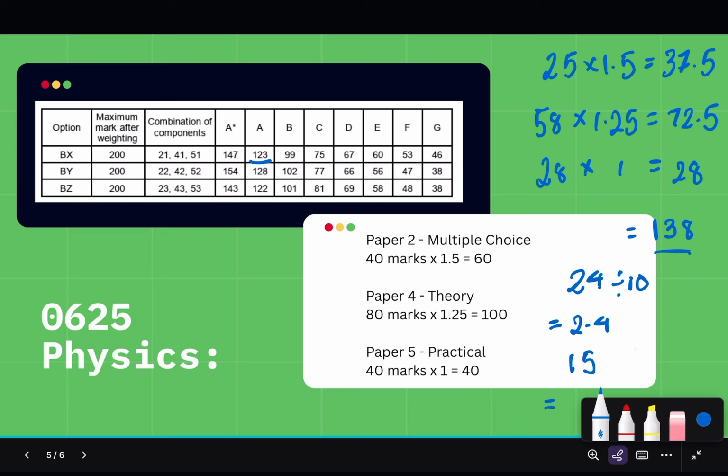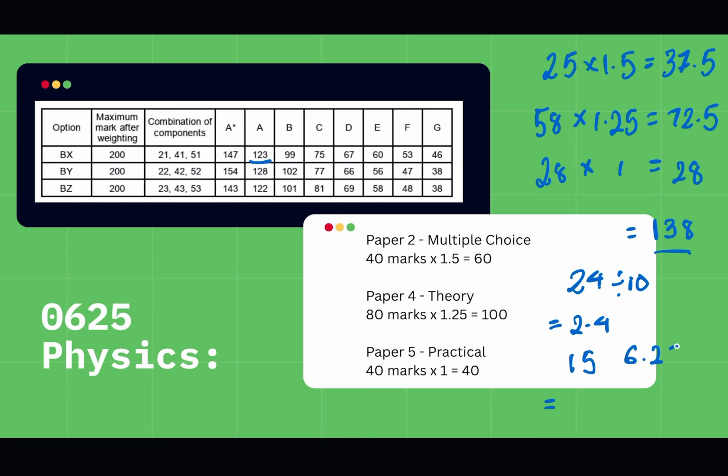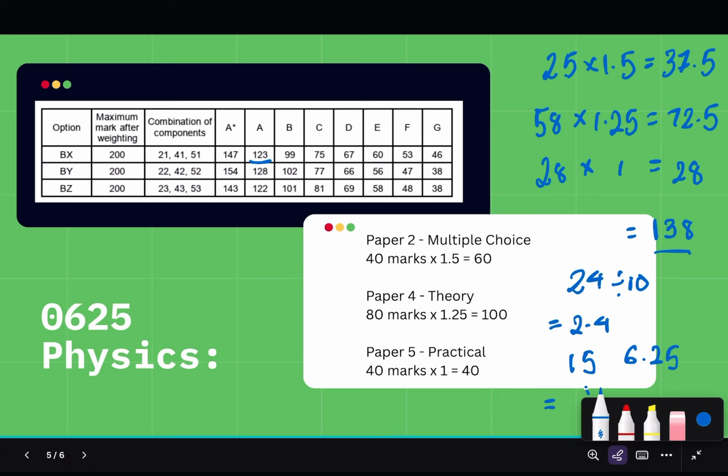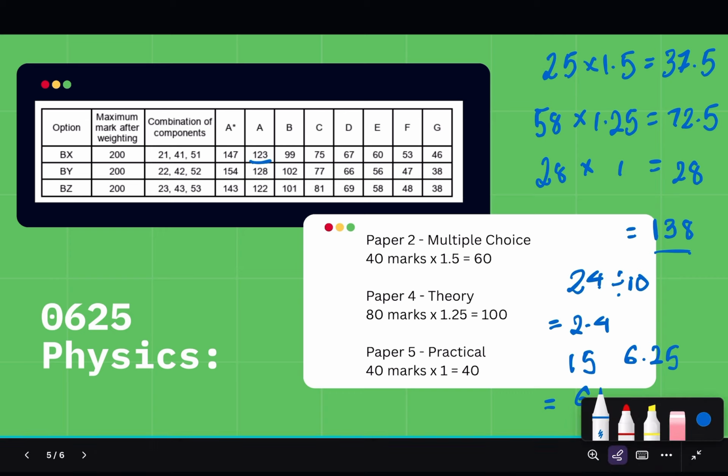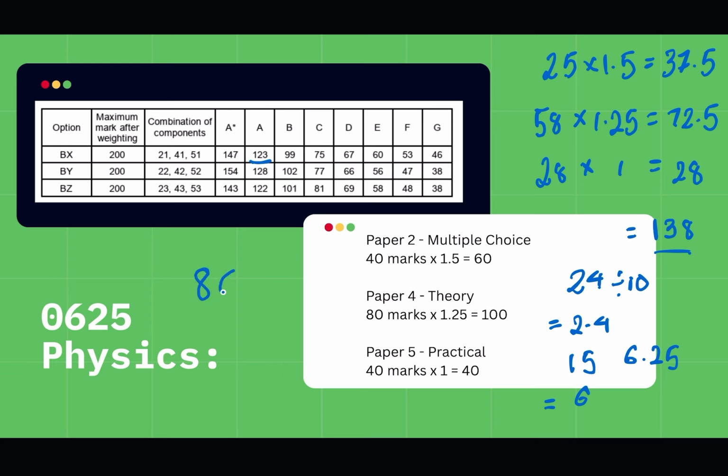And we're going to round down. So that's basically just 6. So what that means is that if 123 is 80 on the dot and we got an extra 6%, that means 138 is going to give you 86%.